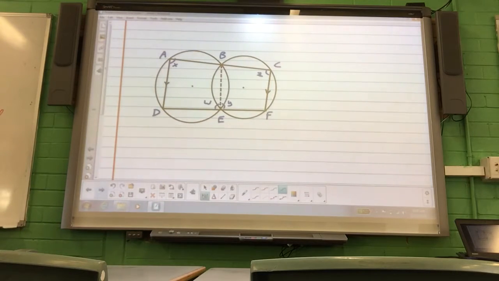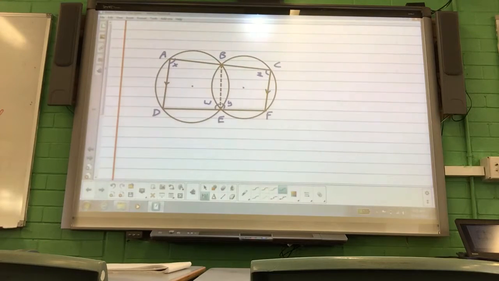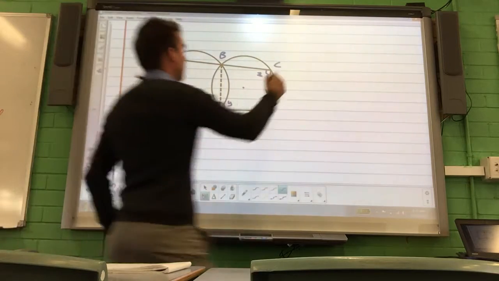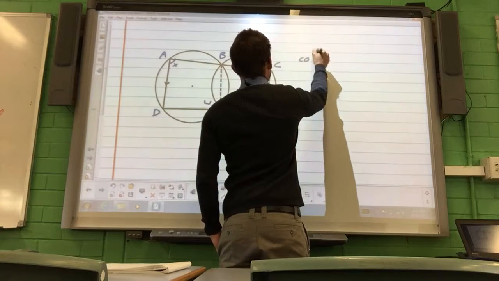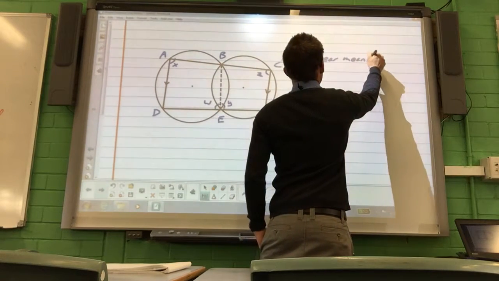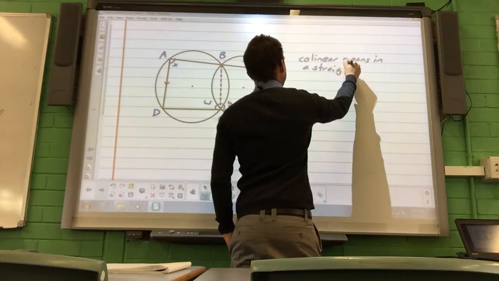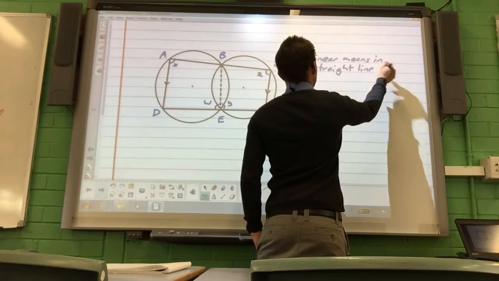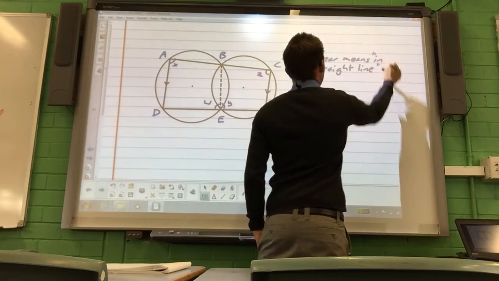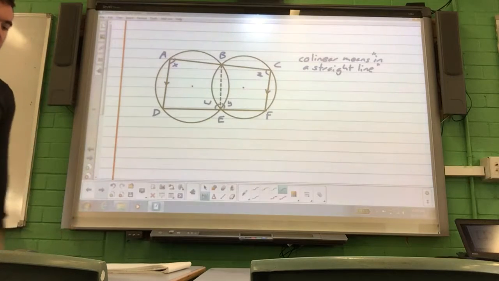It forms a straight line. So let's write next to it, collinear means in a straight line. We need to show that DEF is collinear.